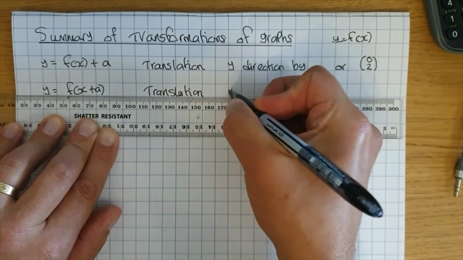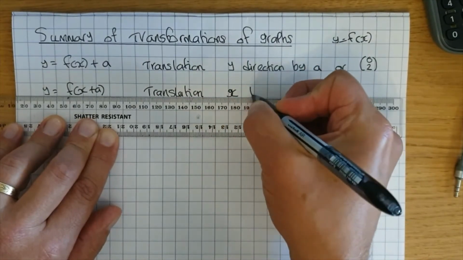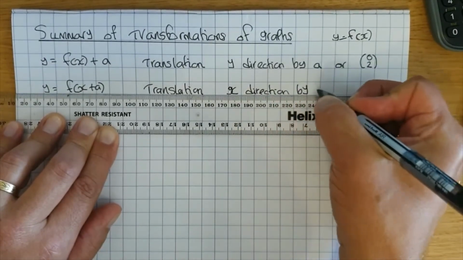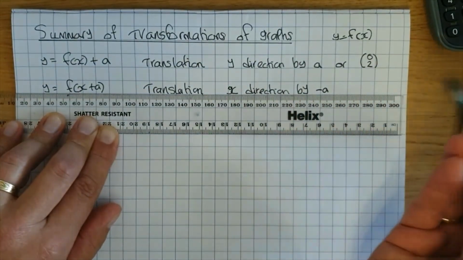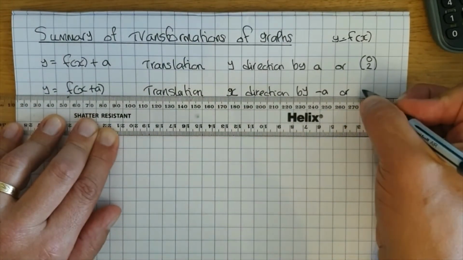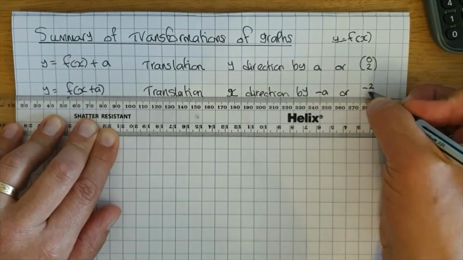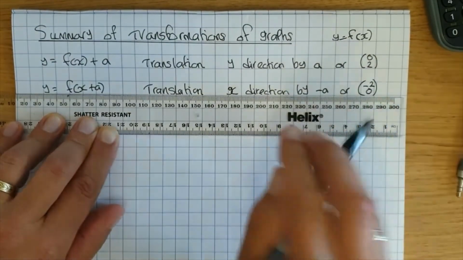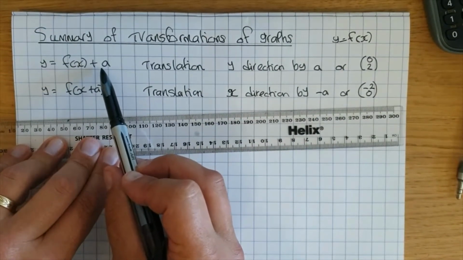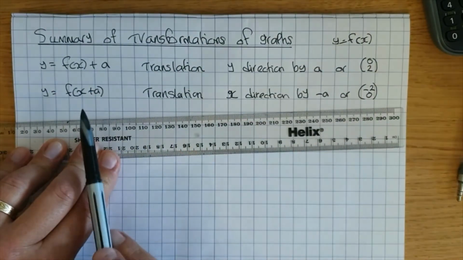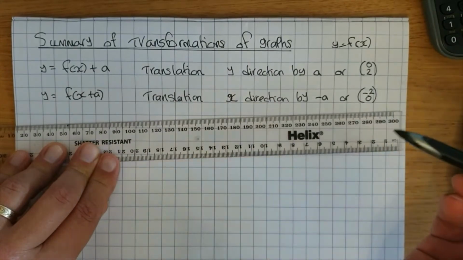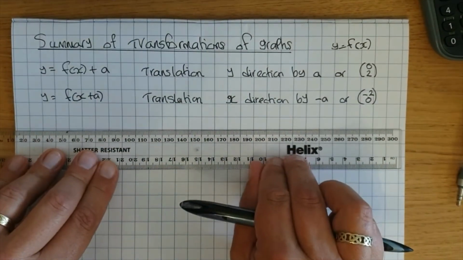This is in the x direction by minus a. Or if you think about it another way, this is a places to the left, or you can think about this as being minus 2, 0. So what we remember is, if it's outside the function, it does what we expect and it's in the y direction. If it's inside the function, it does the opposite of what we expect and it's in the x direction.